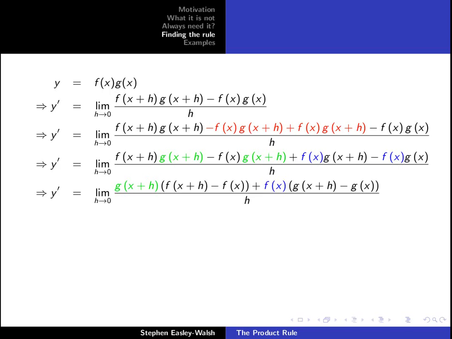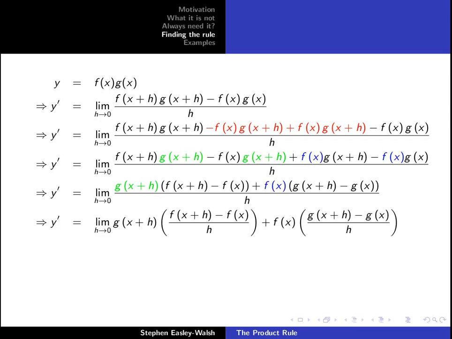Factoring the g(x plus h) out and factoring the f(x) out, I'm left with g(x plus h) times (f(x plus h) minus f(x)) and then f(x) times (g(x plus h) minus g(x)), all over h. I shall split my fraction into two, each term over h, since fractions with the same denominator can be added together directly.